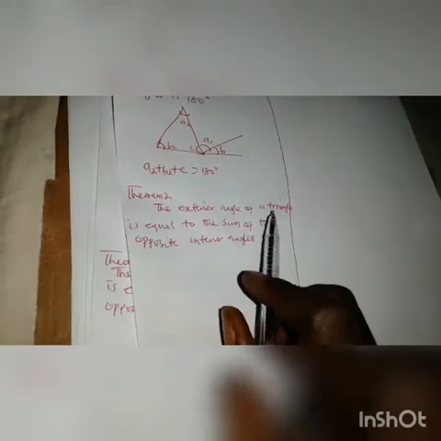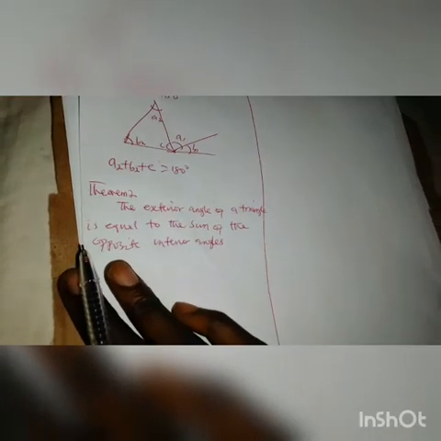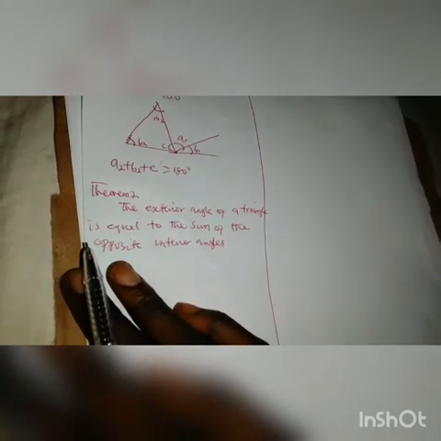According to the theorem, they say the exterior angle of a triangle. This part is about a triangle. So the exterior angle of a triangle is equal to the sum of the opposite interior angles.